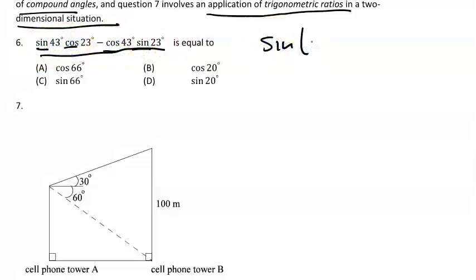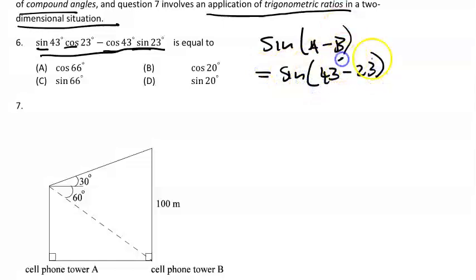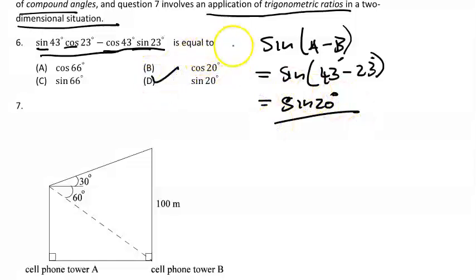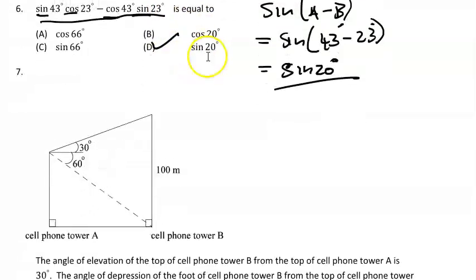So it'll be sine of A minus B, which equals sine of 43 minus 23 degrees, which is equal to sine of 20. So what we have to know is our compound and double angle expansions for this particular question. So compound angle was tested there. So go over all your double and compound angle formulas.